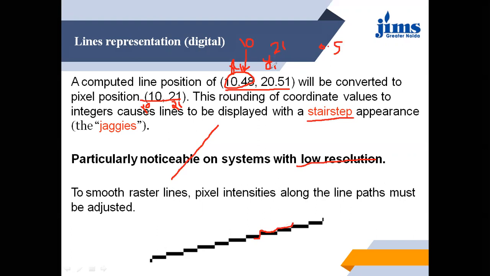There is one more way to check this: we can zoom the view. For example, instead of 100% we do it at 500%, then we will see that the line is in stair step position.